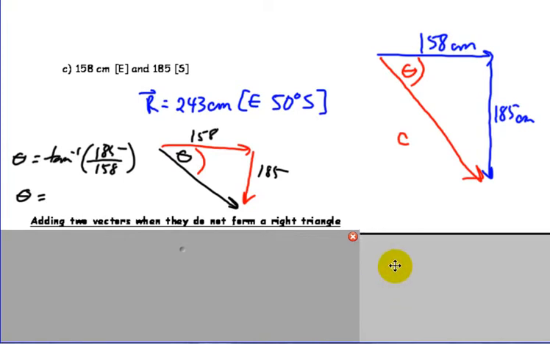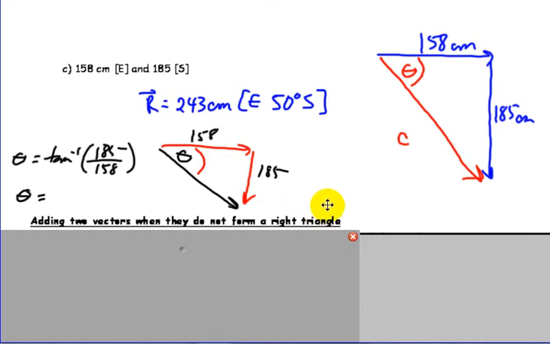Okay, if you had a chance to do that, you should get a resultant value of 243 centimeters east, 50 degrees south. If you didn't get that, run through it again or ask me next time I'm around, and I can give you a hand with that.